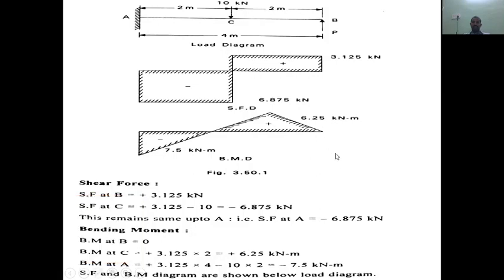Actually in the bending moment diagram, here it will be maximum like this. Exactly at this junction it is maximum, and from here it will go like this. All these are straight lines. This part is completely positive, and over here it is negative bending moment. So like this it should be. It was given wrong actually.